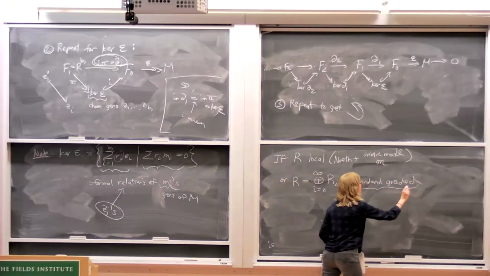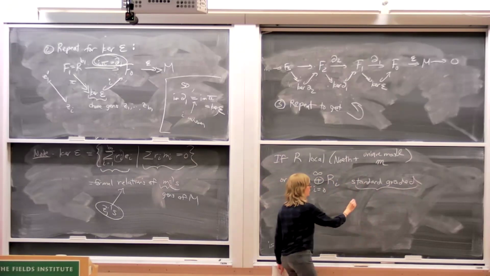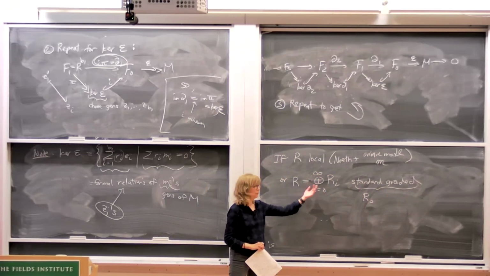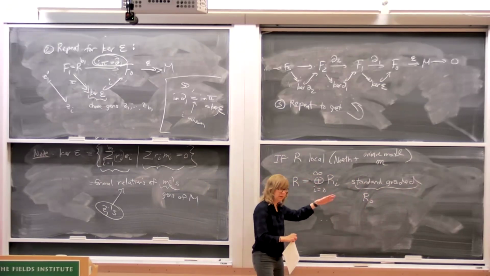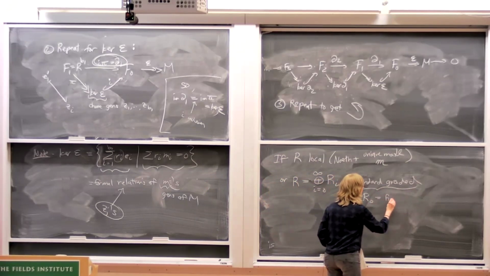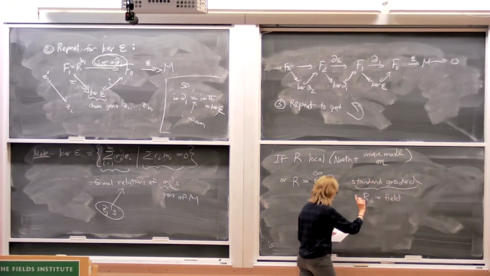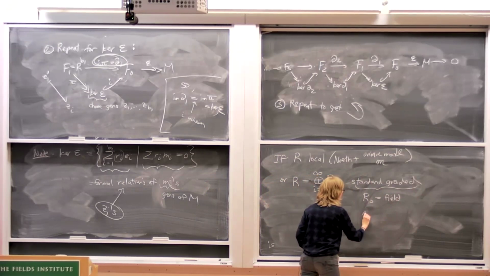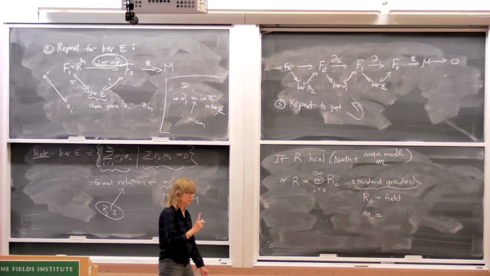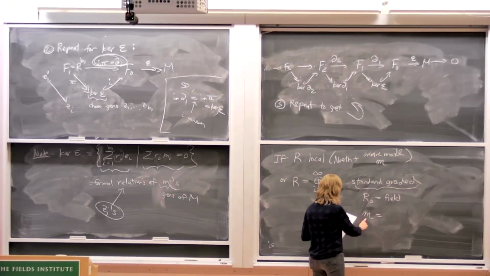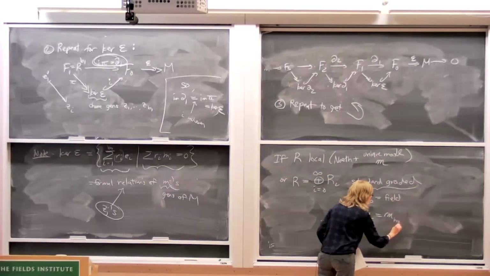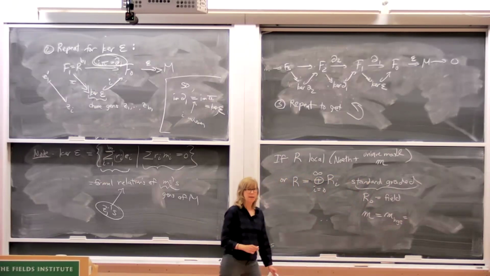By that, I mean that R_0 is a field, the degree 0 part. And then the maximal ideal here, there is not only one maximal ideal, there are gazillions of maximal ideals most of the time, but the maximal ideal that I'm going to call M is really what people call the homogeneous maximal ideal.